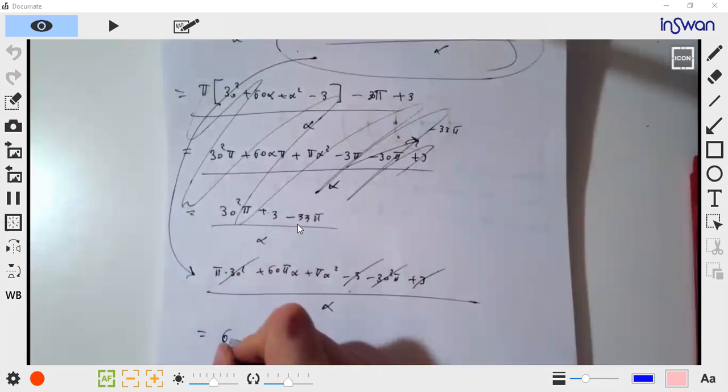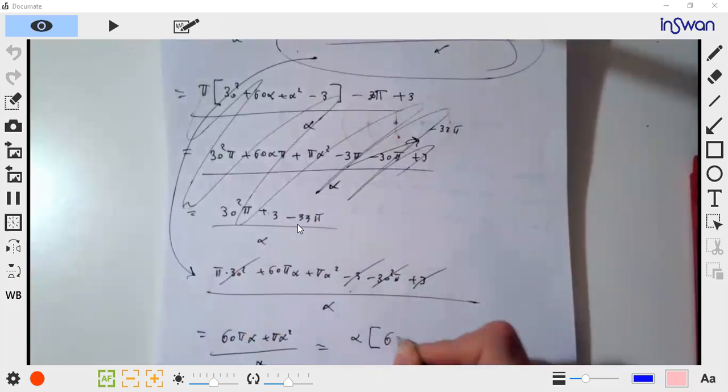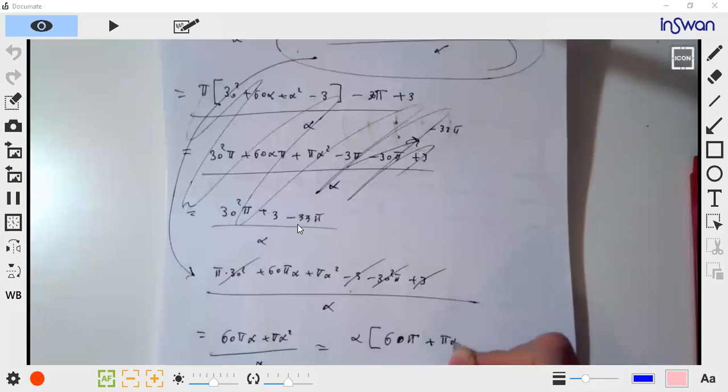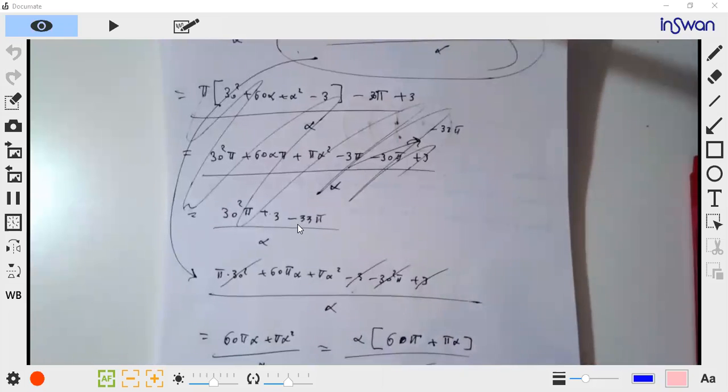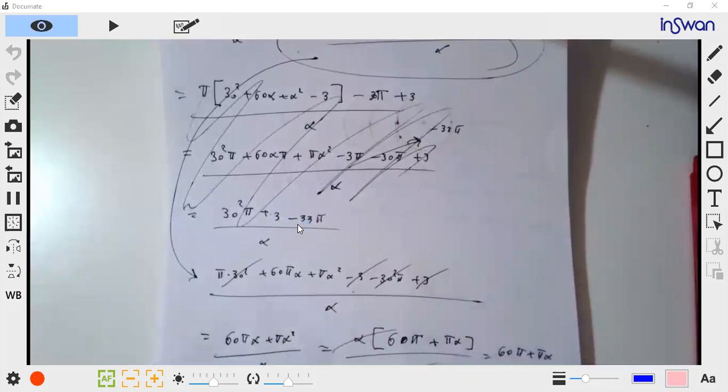So this gives me 60 pi alpha plus pi alpha squared all over alpha. Factoring out an alpha, we get 60 pi plus pi alpha. Cancel out the alphas. Then we get 60 pi plus pi alpha. Notice this renders the real result 60 pi. And this is approximately $188.5 per day.